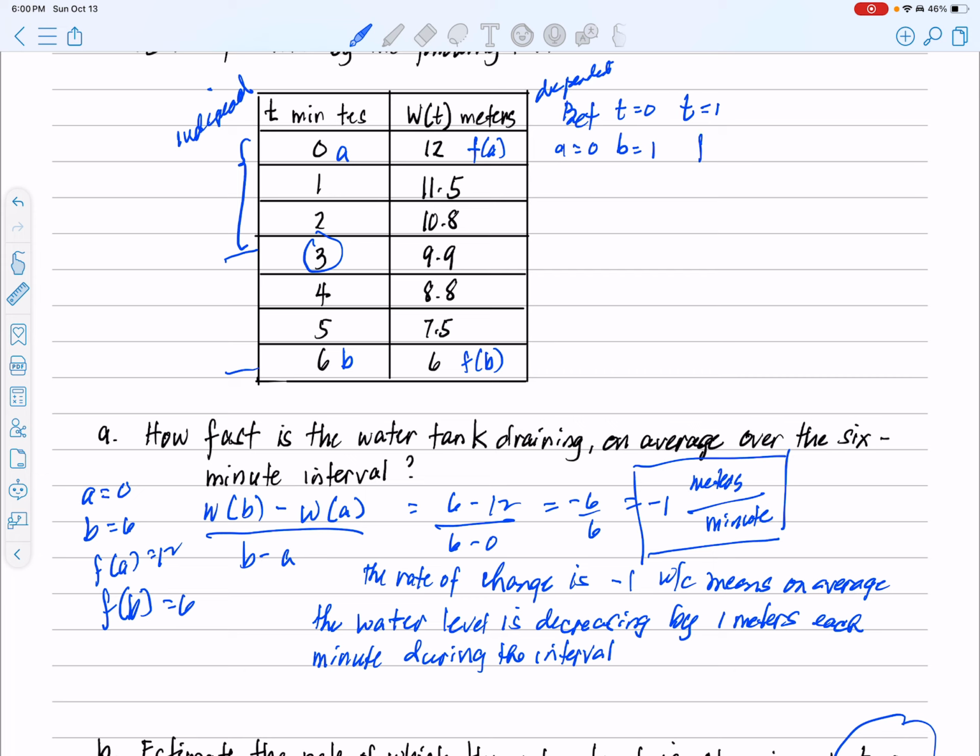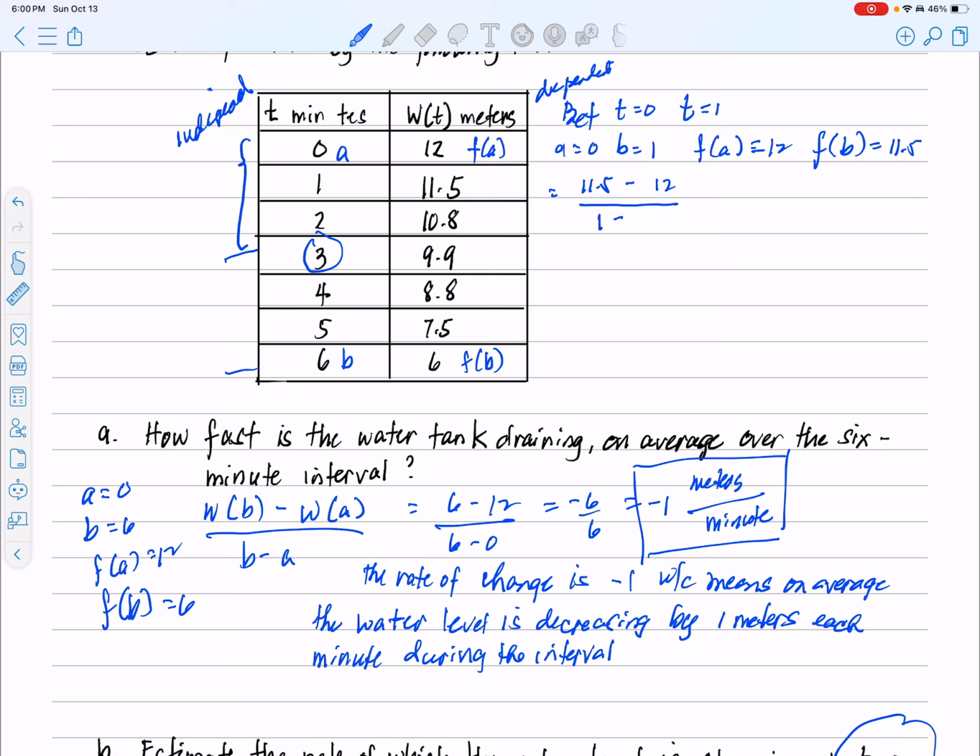So, the function of A is 12. The function of B is 11.5. All right. So f of B is 11.5, f of A is 12.